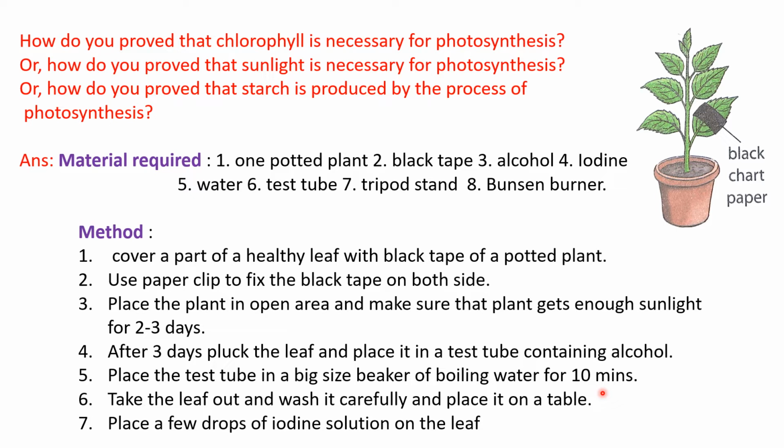So that's why we are taking a big beaker containing water, and that water is already boiling. There we are putting the test tube containing the leaf and alcohol. After that, for 10 minutes. Then take the leaf out, wash it carefully and place it on a table. Then place a few drops of iodine solution on the leaf.